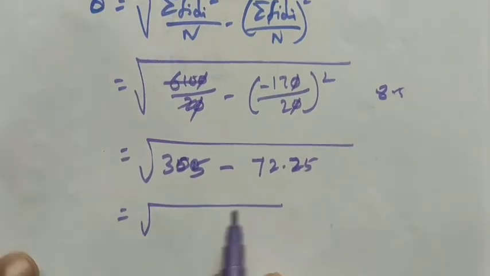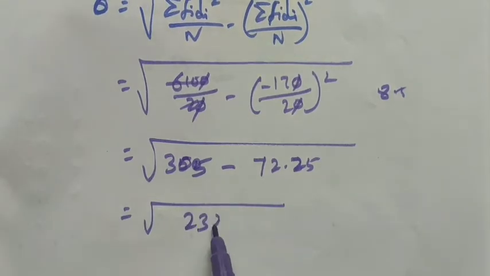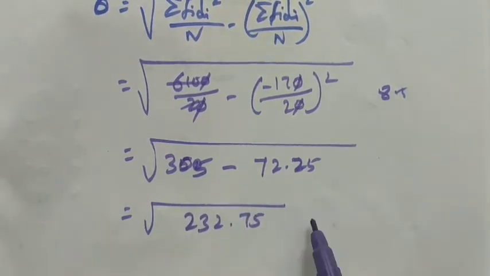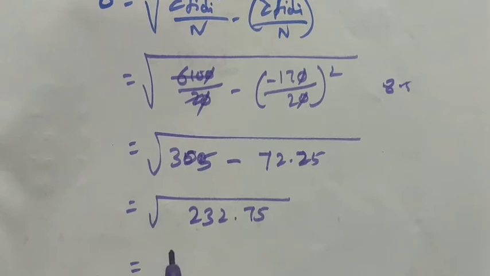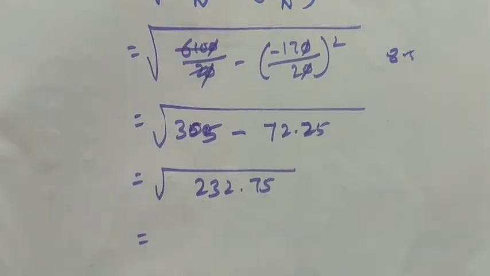When we subtract this, we get 232.75. When we take the square root of this value, we get 15.26 as the standard deviation using the assumed mean method.